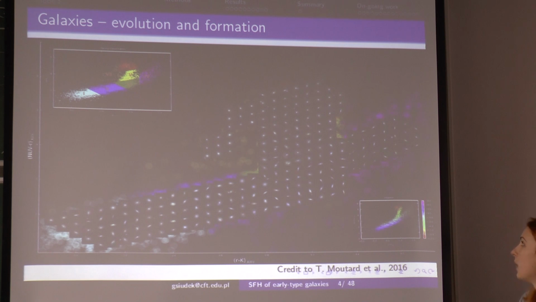Why is there such an empty space on the left? Because we observed just galaxies in this range of colors. But what is special about here?